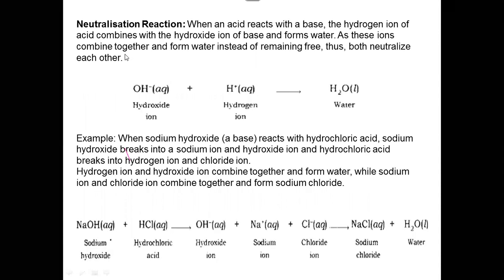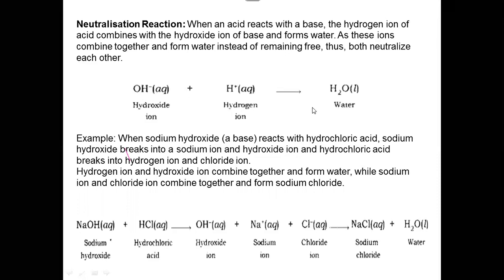Then the next important point of this chapter is to study the neutralization reaction. So what is a neutralization reaction? In simple language, neutralization is a reaction of the H plus ion, that is the hydrogen ion of an acid, and the hydroxide ion of a base.